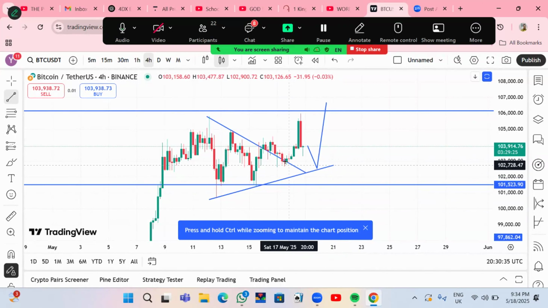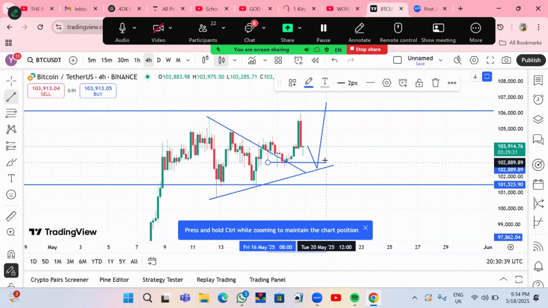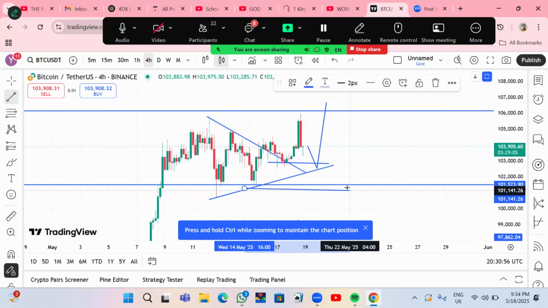Then number two, let's assume that I bought at this particular point. Let me say, for example, because of this bullish engulfing candlestick here, I bought at this particular line, and price started going in my favor, and I had put my stop loss around here.